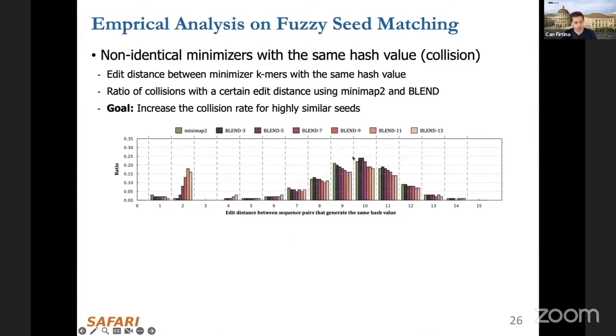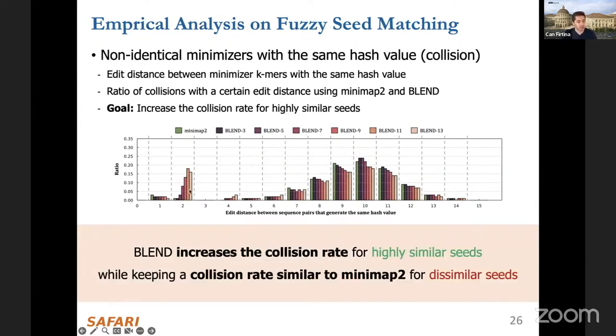We still have, of course, collisions in the case of BLEND for dissimilar seeds, and those collision ratios are pretty similar to the case of Minimap2. But what's different is that we also increase the collision rate, specifically for edit distance 2, which tells us that we're generating the same hash value for highly similar seeds.